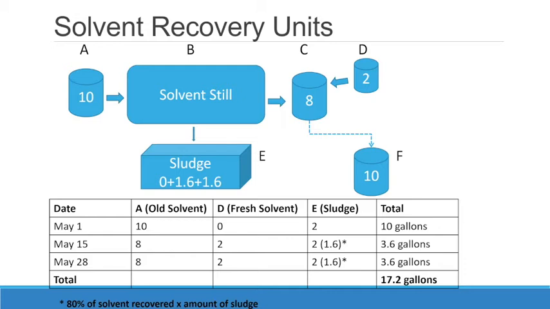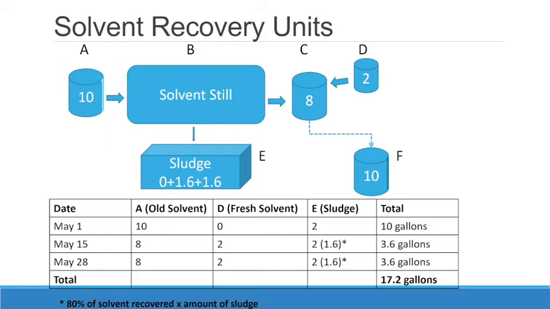So in this example, we have 10 gallons of waste solvent that we're going to recover. Then through the course of the month, we're going to add some additional virgin solvent to those 10 gallons. When we walk through the math, we end up with a total accumulation of 17.2 gallons. The reason is that when we first recover that solvent, we have to count the first 10 gallons completely because it's considered a waste.